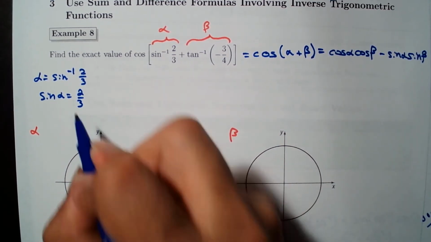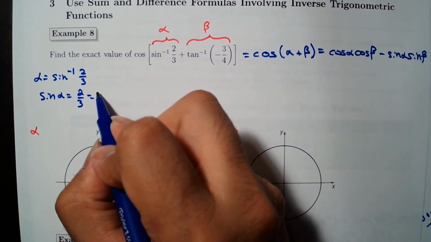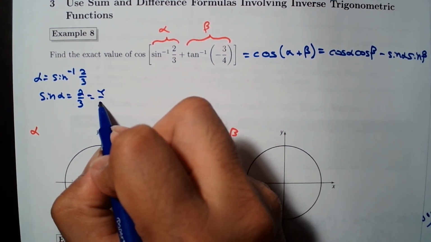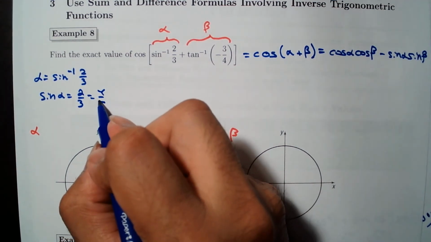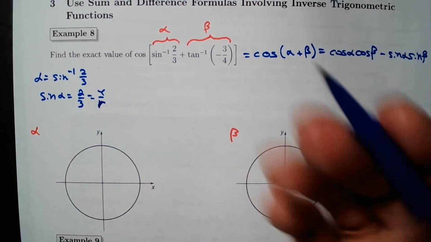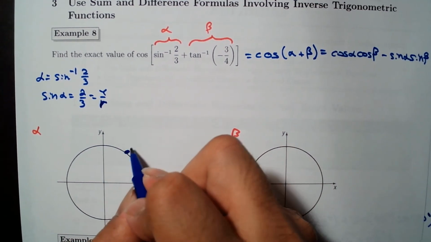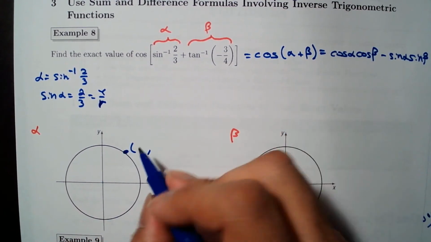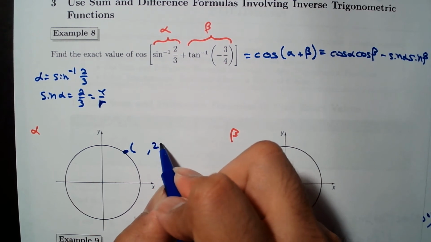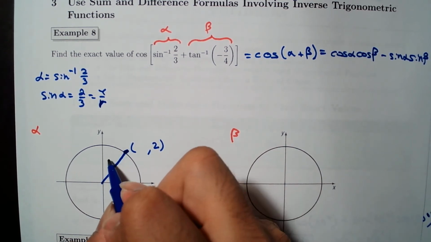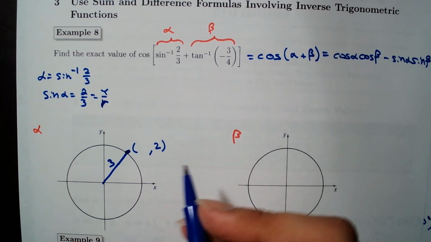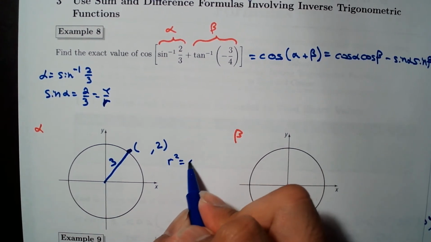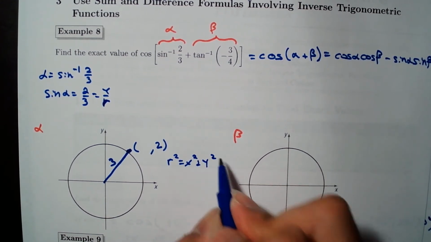In this case, sine is y over r. Well, r is always positive, and y has to be positive as well. So the point is going to be x comma 2 with a radius of 3. So we need to find x. r squared equals x squared plus y squared.